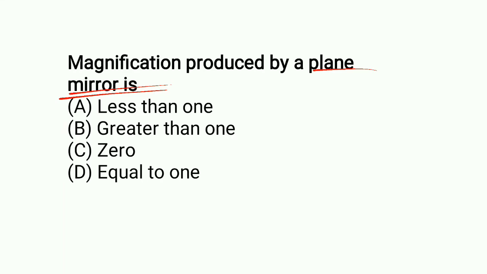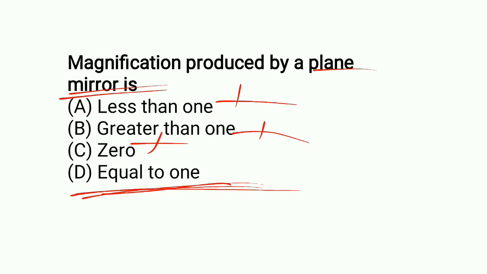So magnification less than 1 is not correct. Greater than 1? No. 0? No. So equal to 1. The image formed by the plane mirror is the same size as the object. So option D is the correct answer.